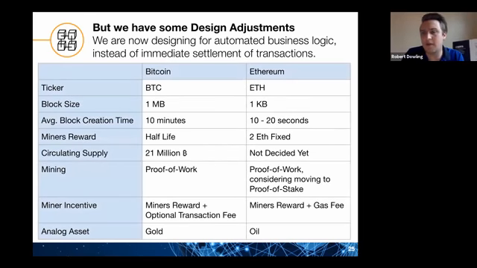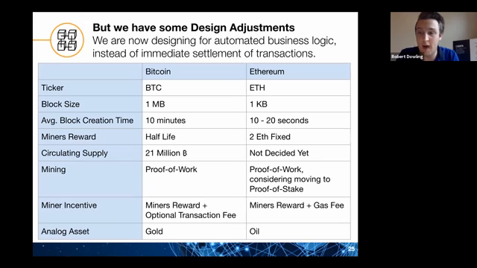So now we have some design considerations that we might want to talk about when comparing Bitcoin and Ethereum, and I want to just go through this so that we have a good understanding. So Bitcoin and Ethereum, block size. The Ethereum block size is significantly smaller, and the average block creation time is significantly faster than it is for Bitcoin on average.